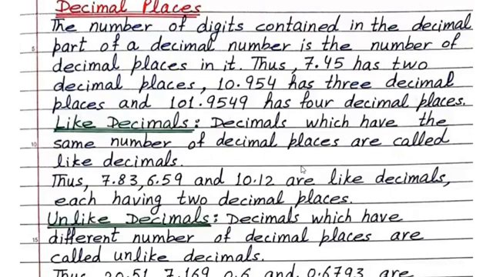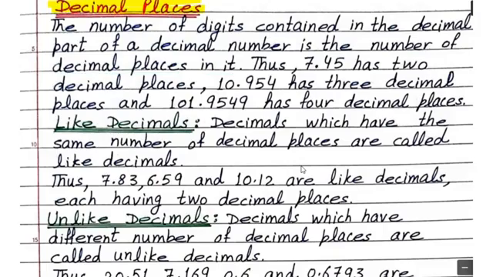Now children, let us discuss decimal places. What are decimal places? The number of digits contained in the decimal part of a number is the number of decimal places in it.